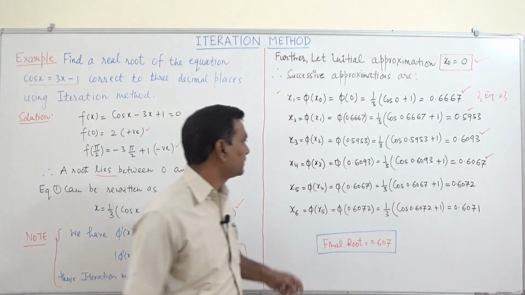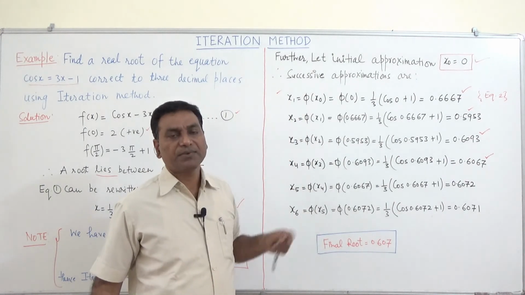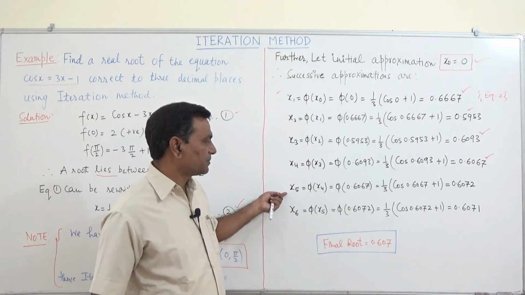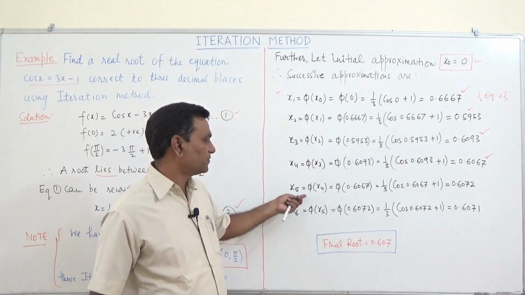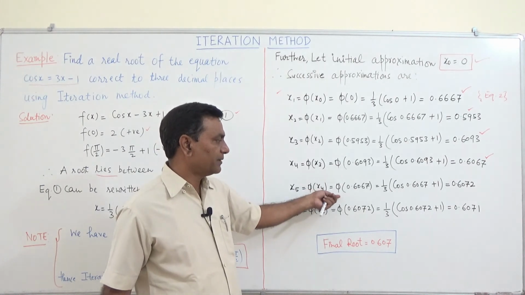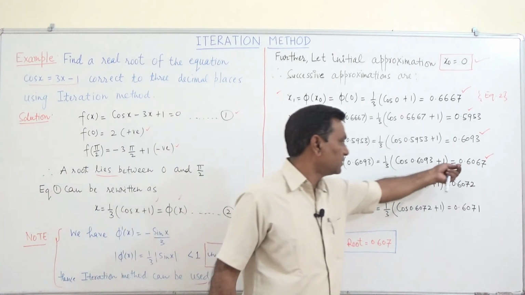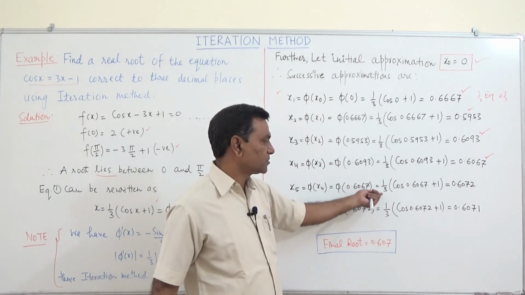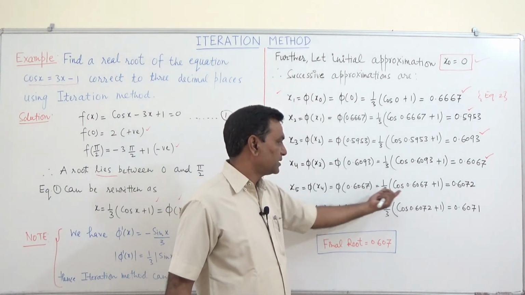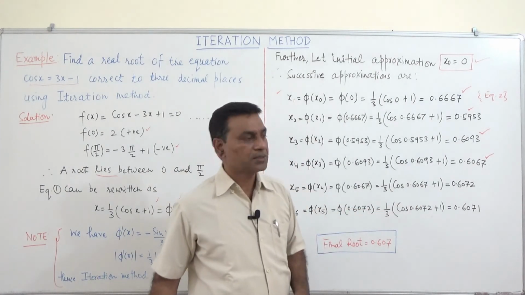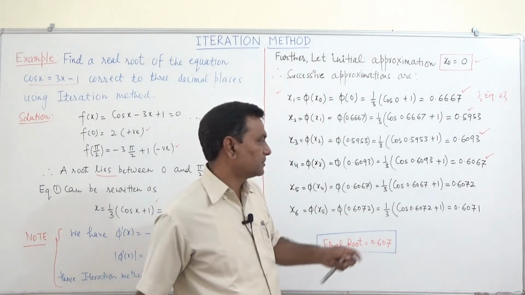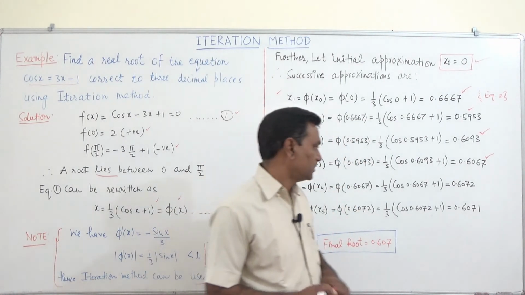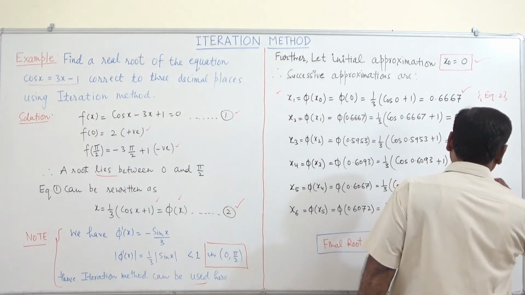Now this value of x4 is used to find the fifth approximation. x5 = phi(x4) = phi(0.6067) = (1/3)(cos 0.6067 + 1), which comes out to be 0.6072. This is the fifth approximation.